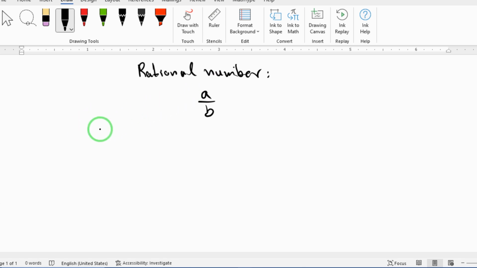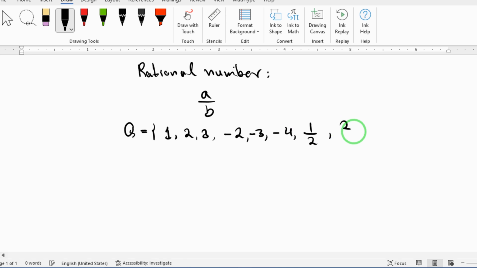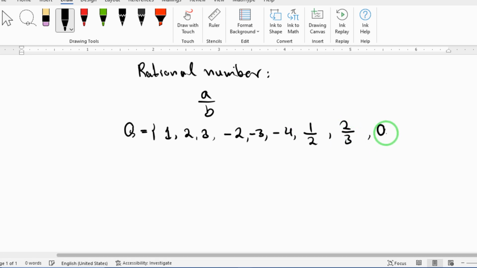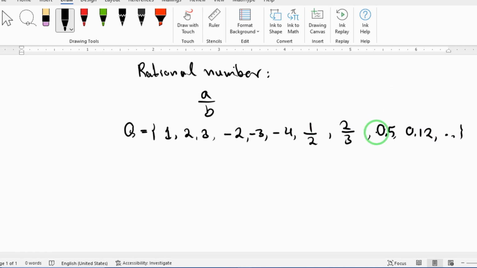If we denote the set by Q, for example, 1, 2, 3, and also minus 1, minus 2, minus 3, minus 4, etc. Or fractions like 1 over 2, 2 over 3, 0.5, 0.12, and these numbers are rational numbers, because all of them can be written as a fraction of a over b.